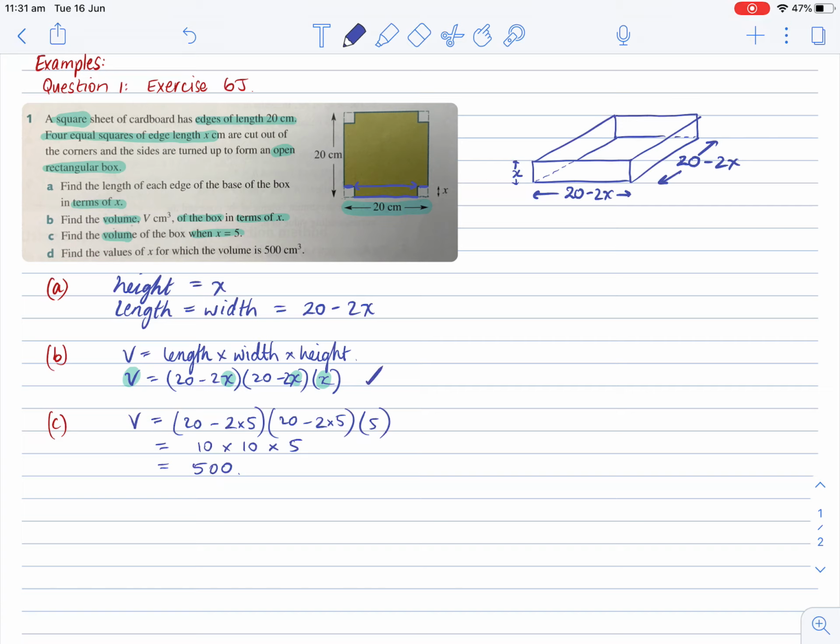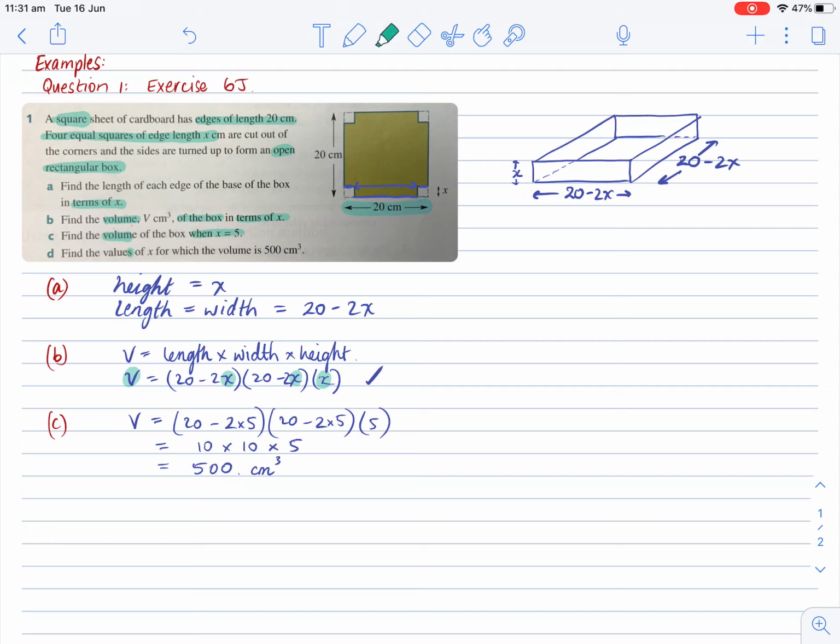Okay, finally, we have question part D. Find the values of x for which the volume is 500 centimetres cubed. Now we've actually just done one problem where we know that it's 500 centimetres cubed right there. But read the question carefully.